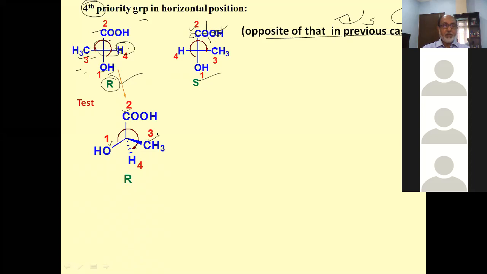So this will be on the top. And hydrogen. So here already this fourth periodic group is going backside. So we don't have to do anything. So this is 1, this is 2, this is 3. So 1, 2, 3 is what? Clockwise direction. So this is R. That means this is also R. So whatever we are telling is correct.